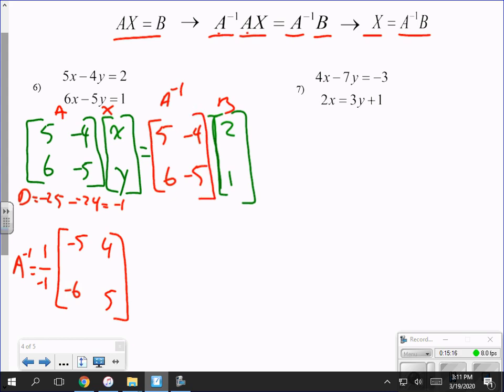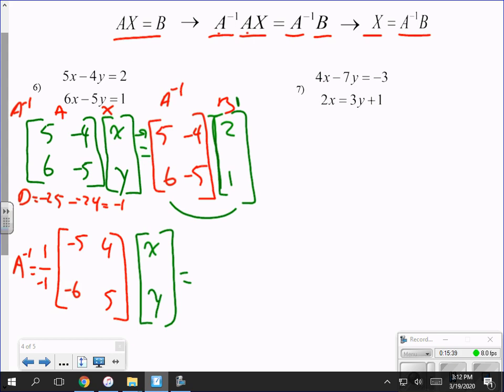And if I multiply this times A inverse and this times B, I end up getting X, which is X, Y, equaling, and I multiply these two together, and that will give me my answer. So I take this row times this column.